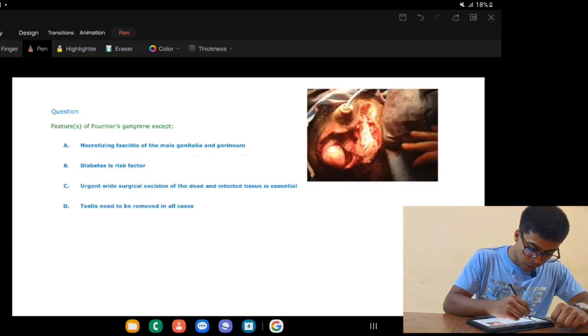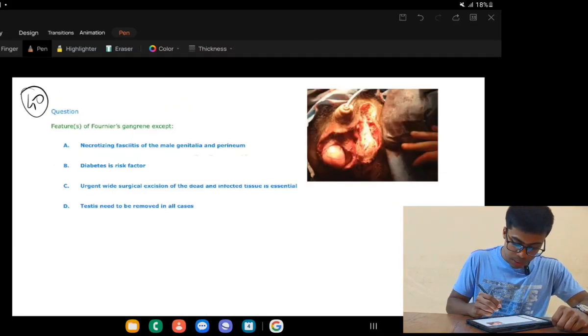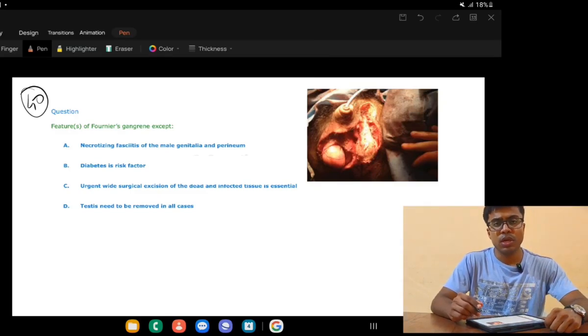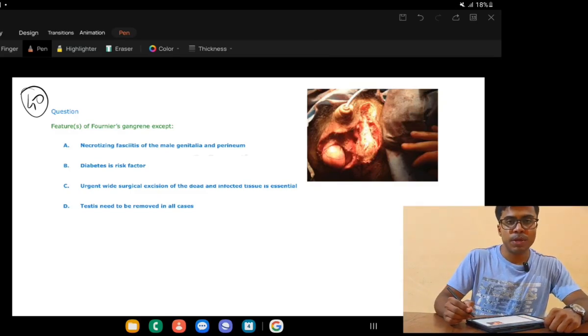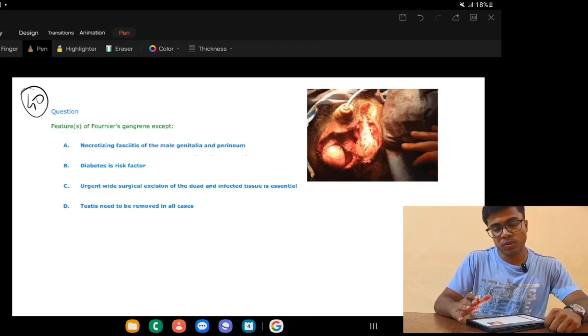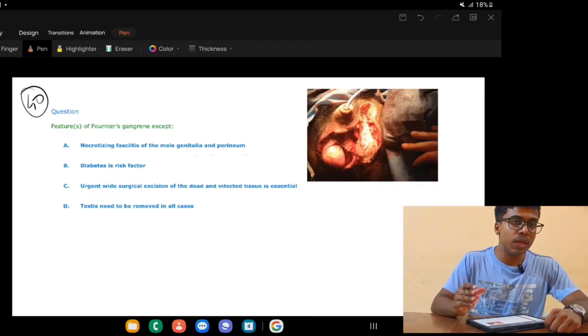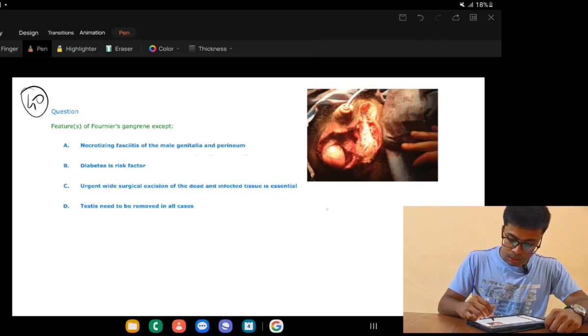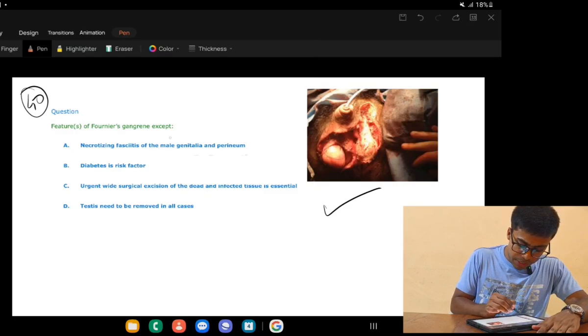Next, question number 40. This is the most commonly asked question. Fournier's gangrene. Last time in January 2024 there was an image of Fournier's gangrene that was confused with septal hematoma. That's why I have put this in the question list. This is Fournier's gangrene. Features of Fournier's gangrene, except: necrotizing fasciitis of male genitalia and perineum, yes, it is true.